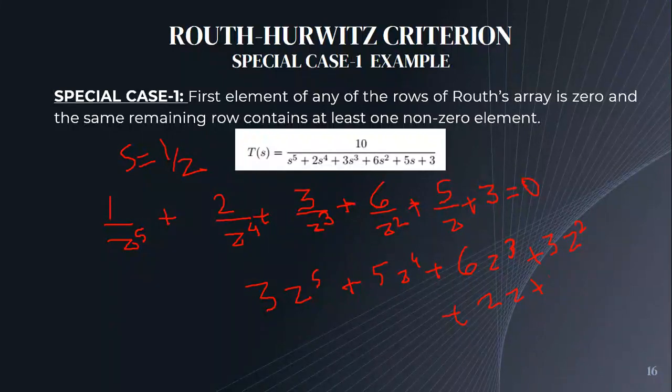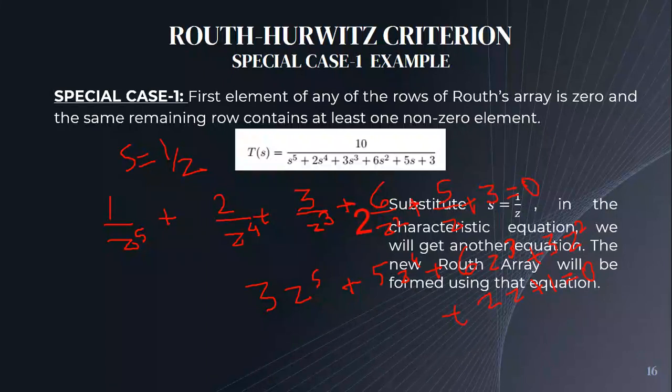So I obtained a new characteristic equation, and now again I form the Routh-Hurwitz array to determine the number of sign changes. So we can use either of the methods in this special case, and obtain this solution. Fine.